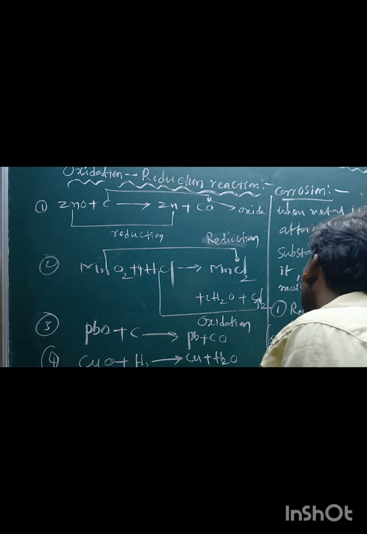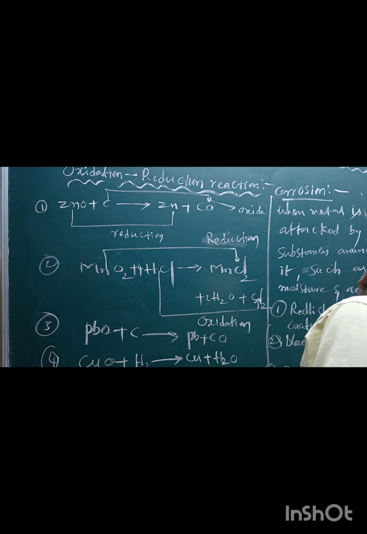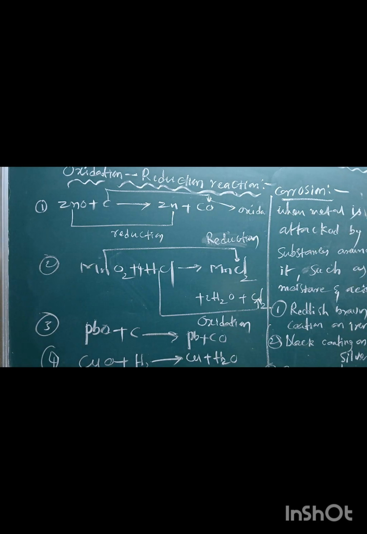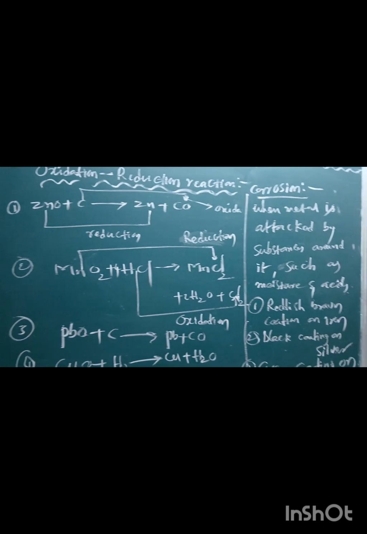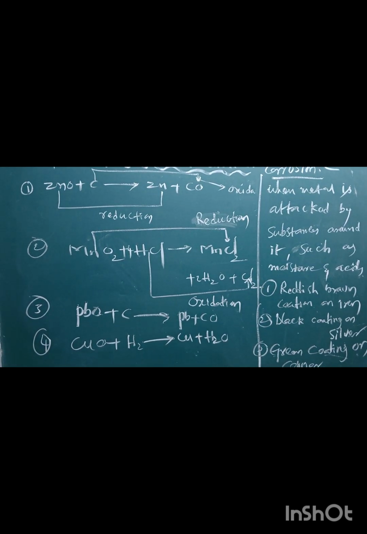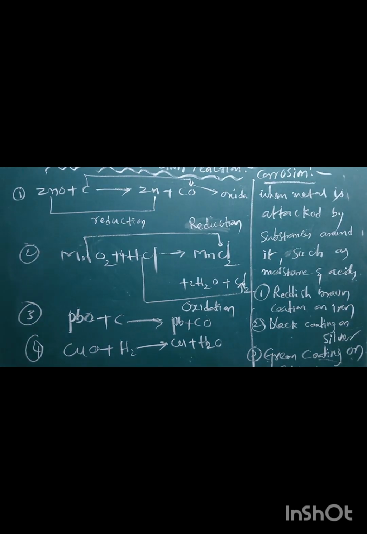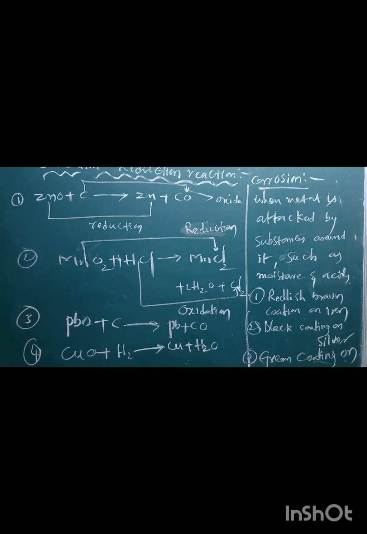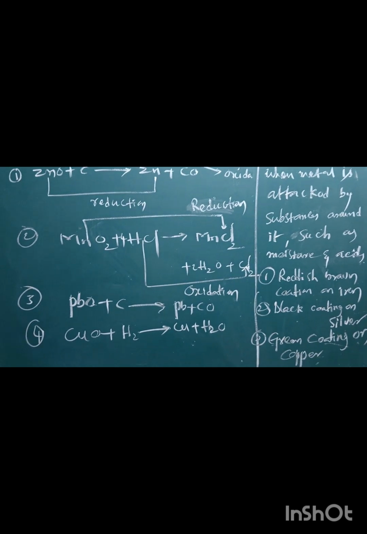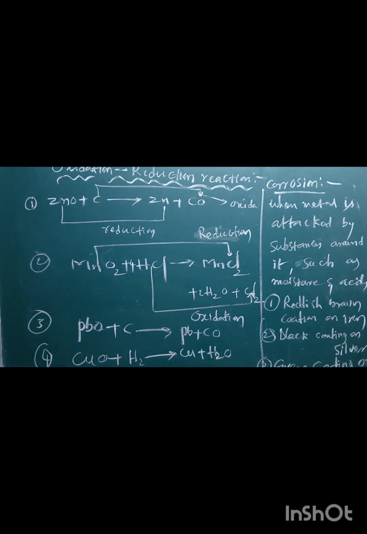Third one, a green coating on copper. These are the examples of corrosion. Okay, what are the examples here? Reddish brown coating on iron, black coating on silver, green coating on copper.